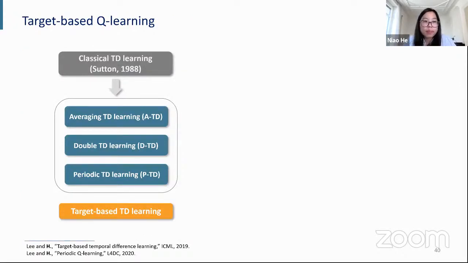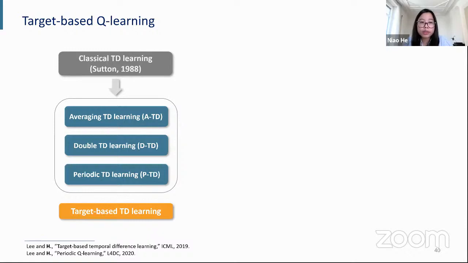some target-based Q-learning algorithms. And by target-based Q-learning algorithms, I'm basically saying that we're going to use, as before, two different estimates to keep track of your target values. And then we can update your target values either like in double Q-learning algorithms, symmetrically, or we can also update your target values in a periodic fashion, right?